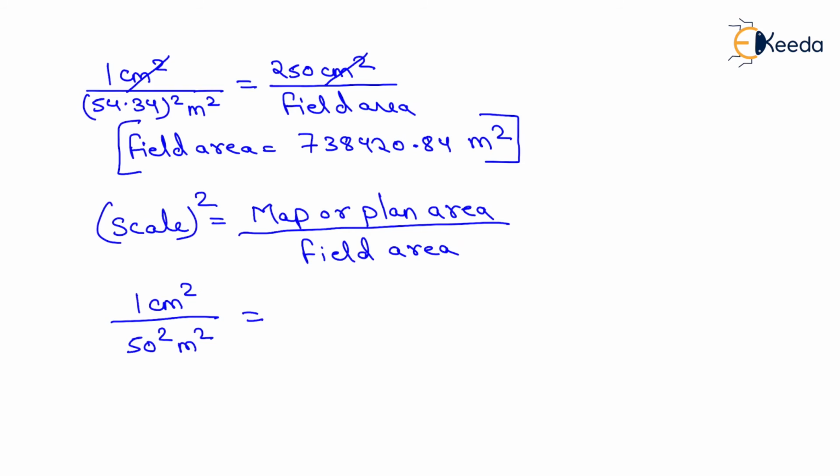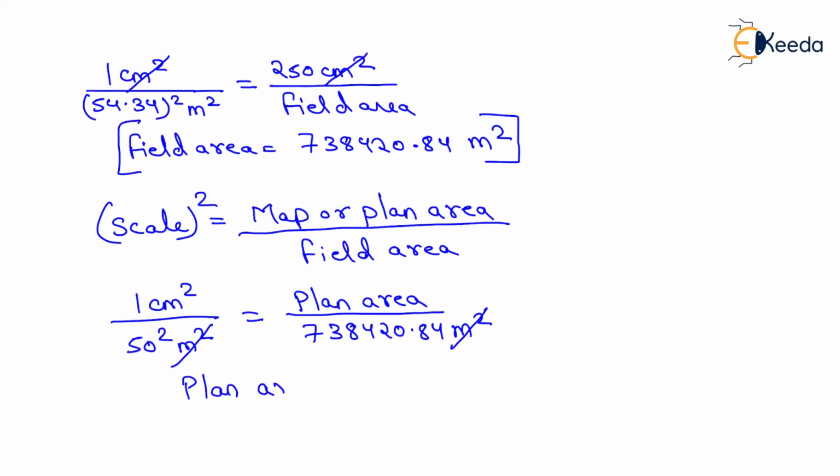It will be equal to plan area divided by field area, which we computed above, that is 738420.84 meter square. From this meter square will cancel out and we will get the plan area before shrinkage. It will be equal to 295.368 centimeter square.